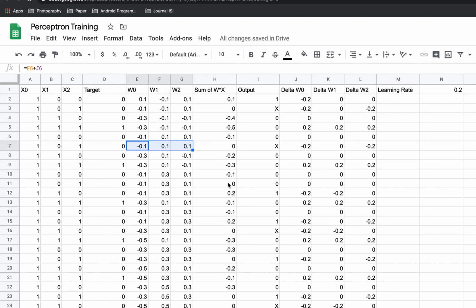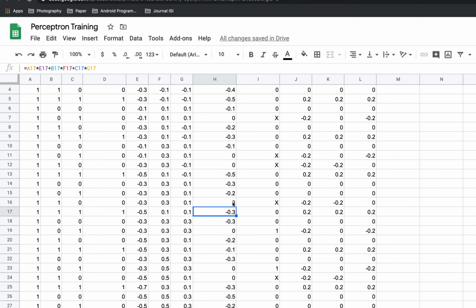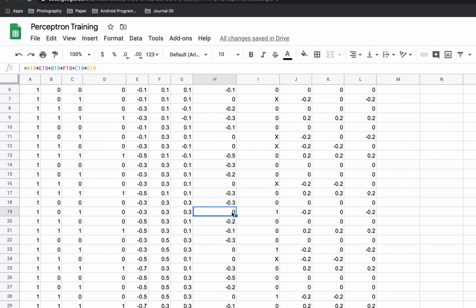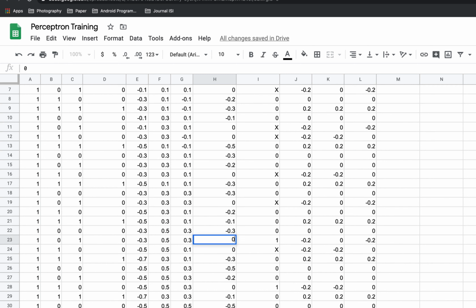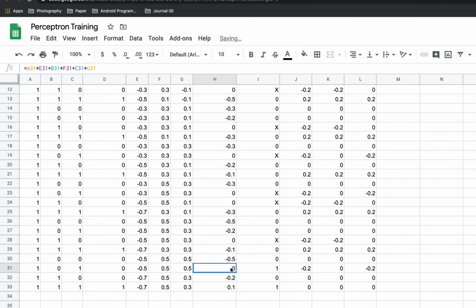If it is 0, I would like to make it a real 0, like this. This is the real 0, and this one is not a real 0. If it is 0, it should be x like this, so you have to adjust it.